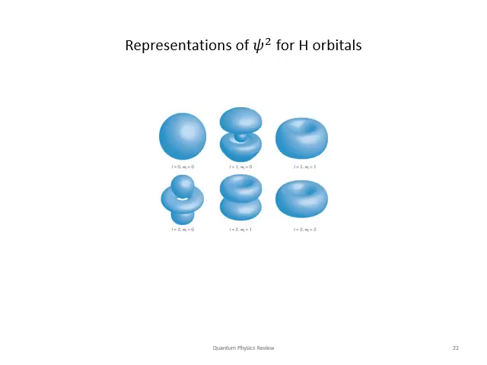I showed you representations of the wave functions previously, and just have these again to remind you that this is a representation of what the symmetry of the density as a function of angle is for each of the different angular momenta.